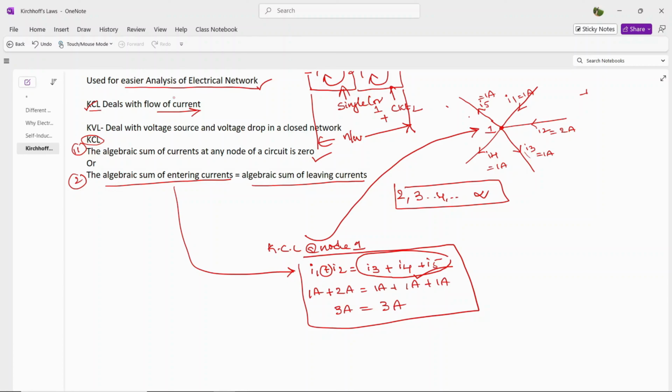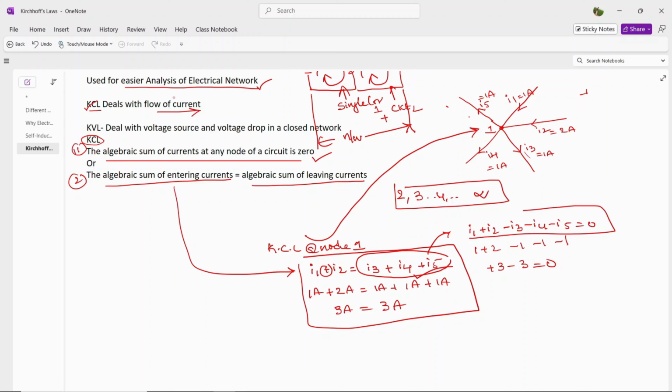This can also be written mathematically as I1 plus I2 minus I3 minus I4 minus I5 is equal to 0, which states that the algebraic sum of currents at a node of a circuit is 0. You can see here this is 1 plus 2 minus 1 minus 1 minus 1, which is plus 3 minus 3, equal to 0.